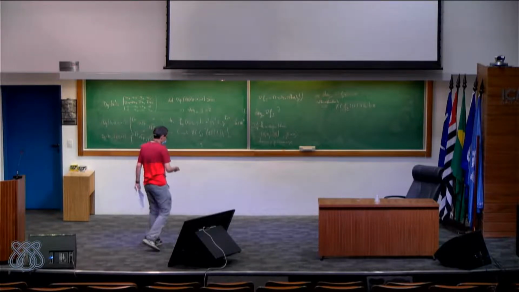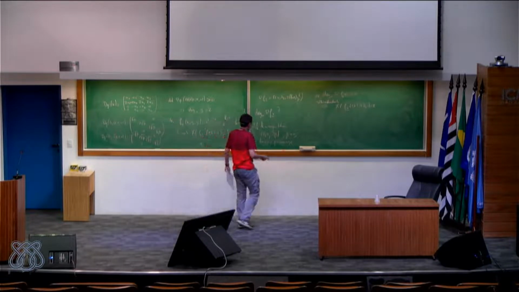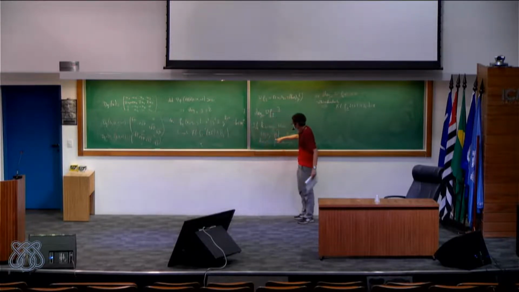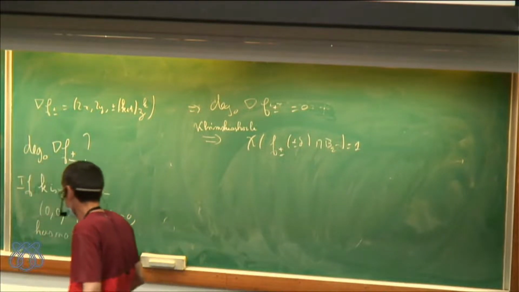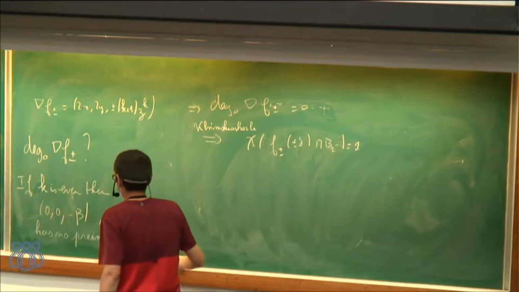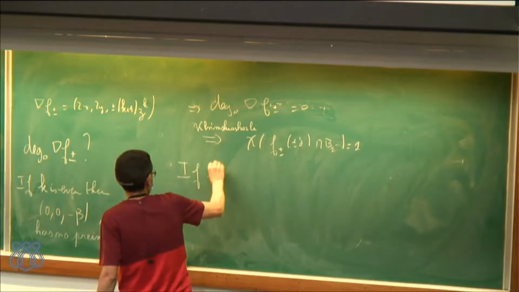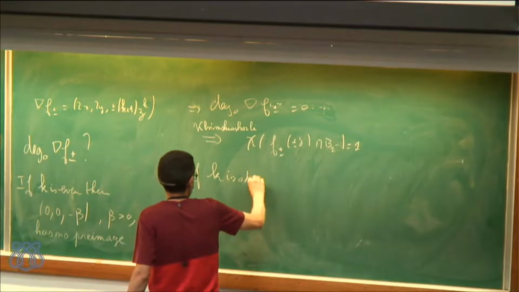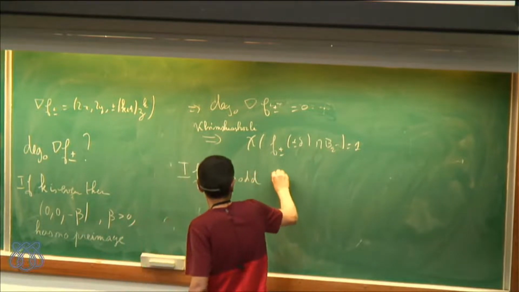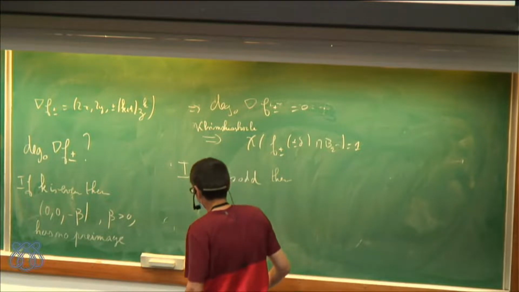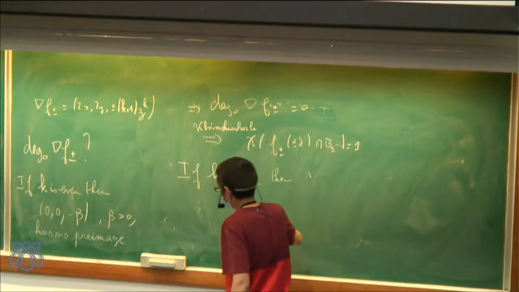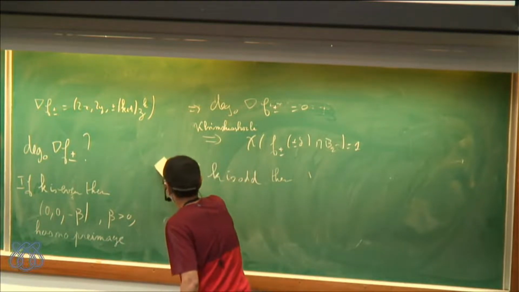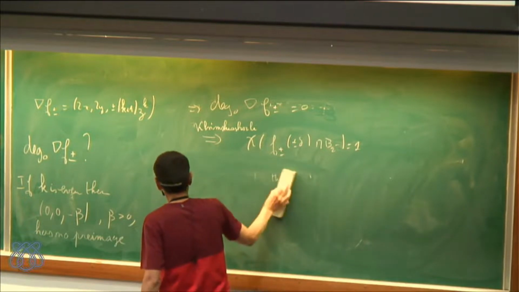Here we can take the same. We can even take beta positive, and we have just one pre-image, and we compute the sign, and it's not difficult to compute. So if k is odd, I will distinguish between f plus and f minus.